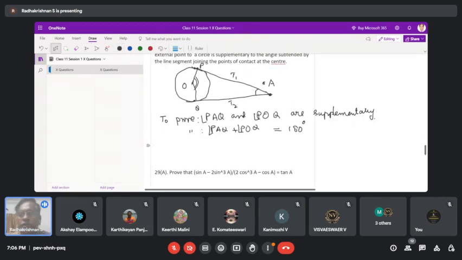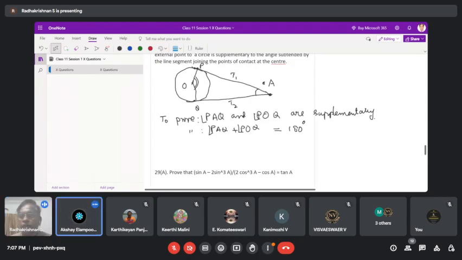Now, do you see that these two angles add up to 180? Using the properties of tangents: if a tangent is drawn and it touches a circle at points P and Q, what is the property of tangent? Have they taught you tangents?